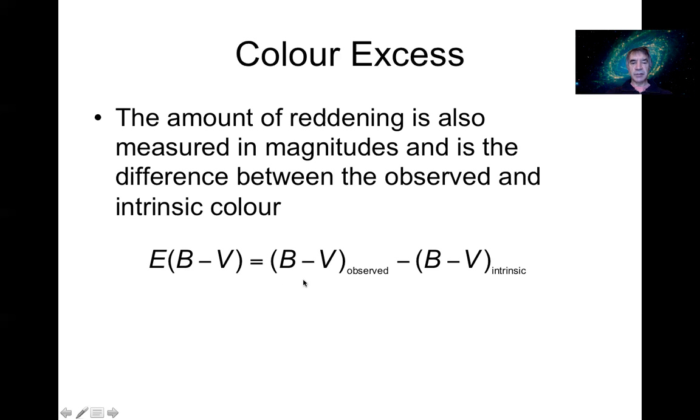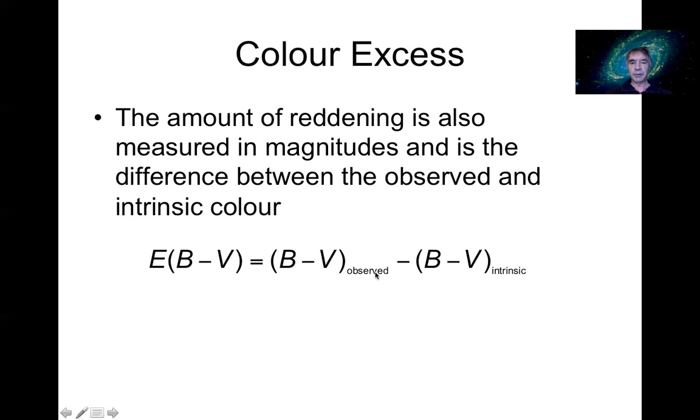And in the same way as the extinction, it's defined as the observed color. Okay, so this is what you would actually measure with your telescope, minus the intrinsic color, which is the color that the star should have, or does have at source before it goes through any dust clouds. Okay, so it's always this way around, observed minus intrinsic.